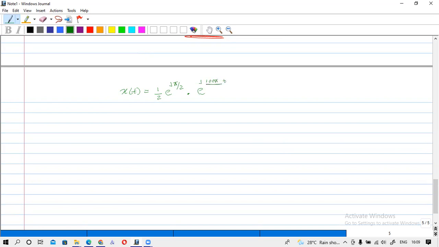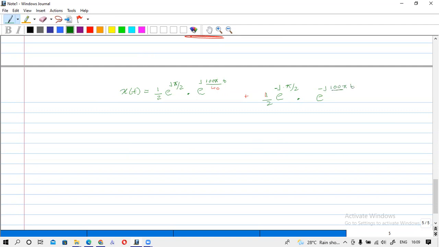So this is omega naught. Plus half e to the power j pi by 2 and e to the minus j 105 t.